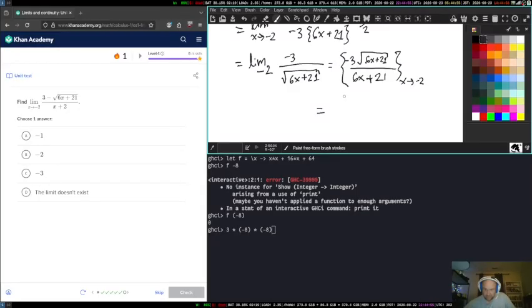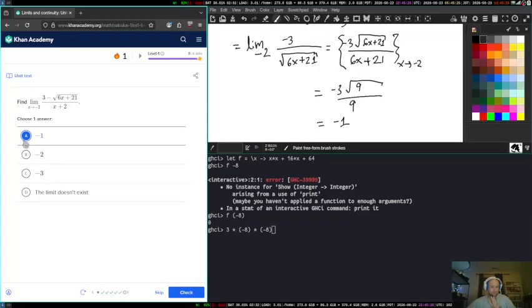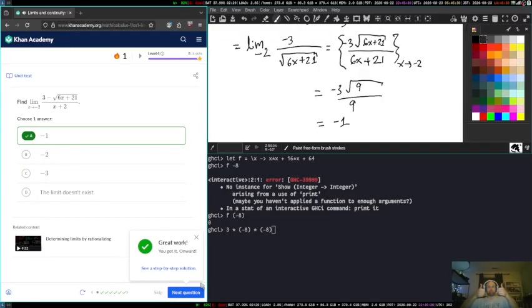And this will be minus 3 times the square root of 9 divided by 9, which is equal to minus 1. Let's try this. L'Hopital's rule.